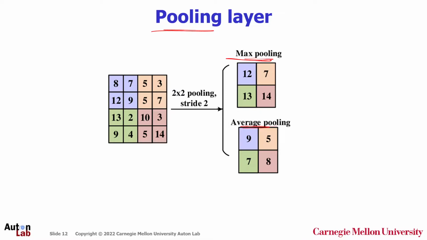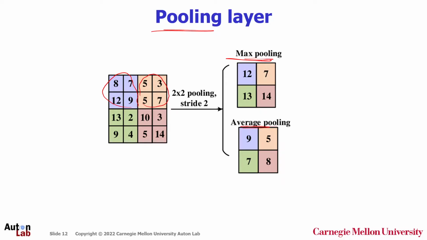This stride parameter determines how to select these submatrices. So first we select the top left 2 by 2 matrix, and then we move stride parameter number of steps to the right, and then select the next submatrix. In this case, the stride parameter was 2, so we moved 2 steps to the right.